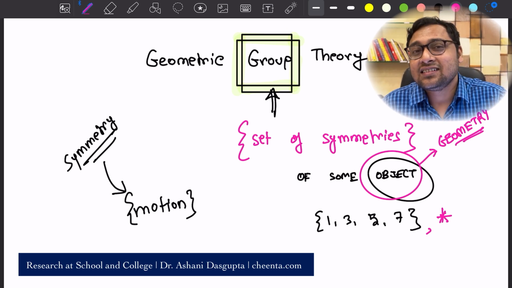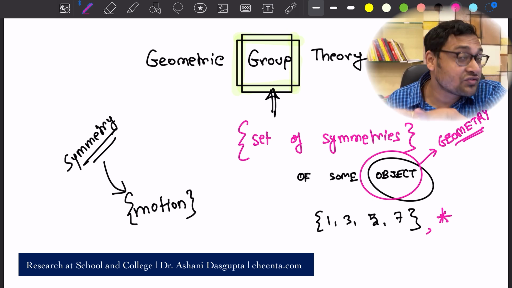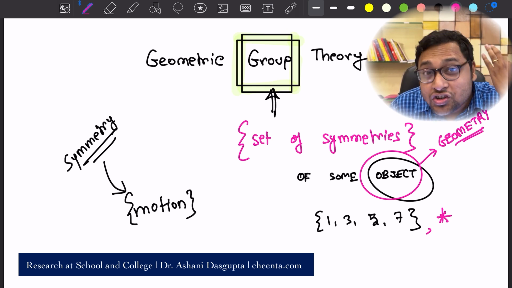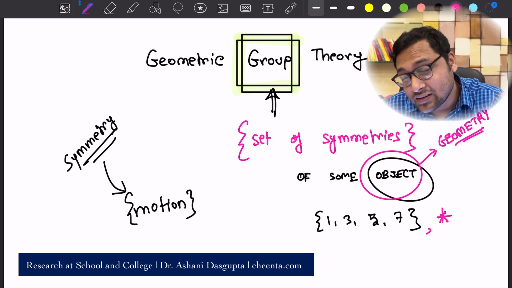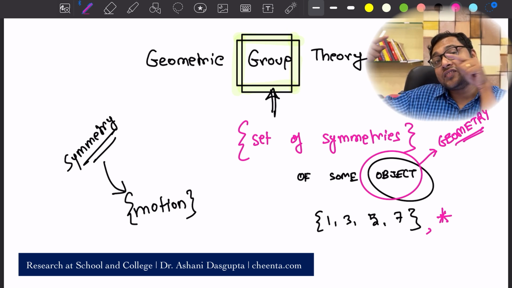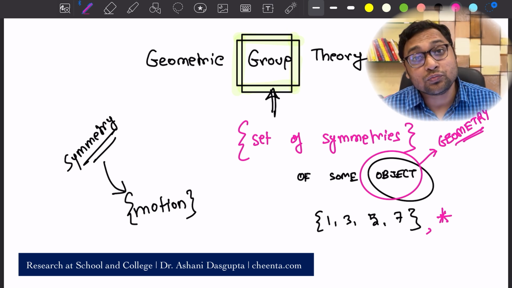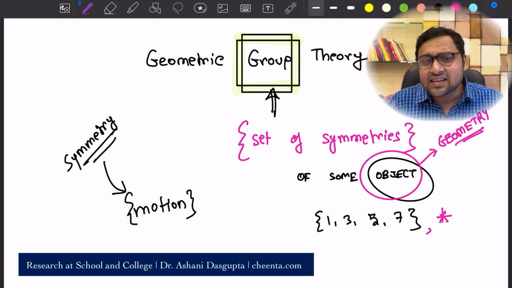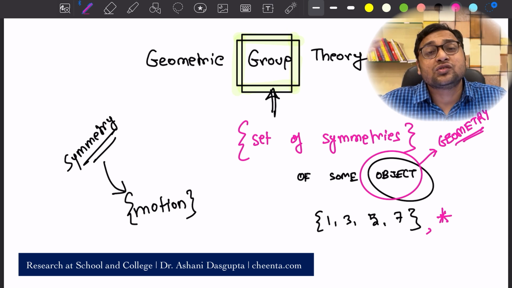And then we try to figure out that object whose symmetries we are looking at, and then we study the geometry of that object with the hope that the geometry of that object will reveal more information about the group. This is a very interesting way of looking at symmetries in an abstract way.